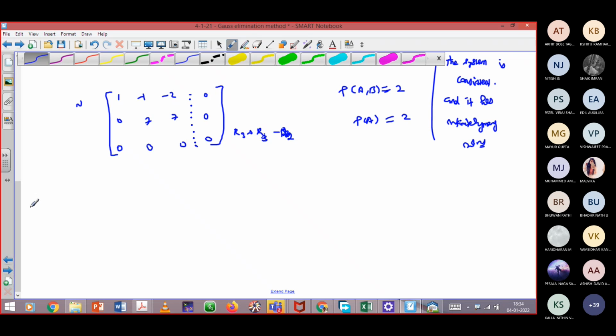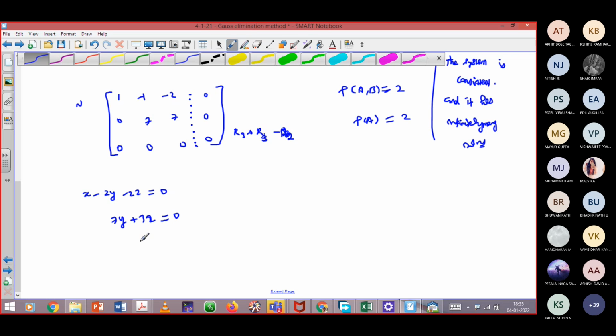What are all the infinitely many solutions? First I need to write in the proper form: x minus 2y minus 2z equal to 0, then 7y plus 7z equal to 0.